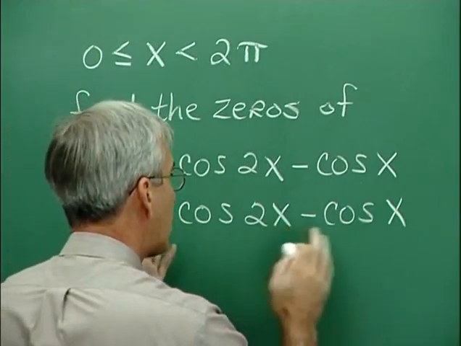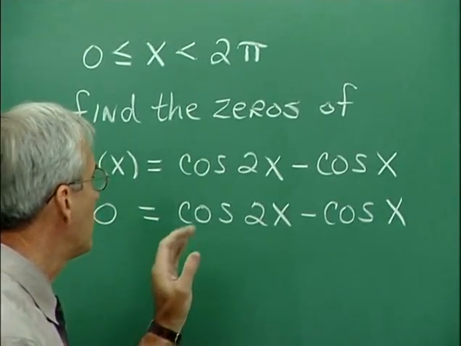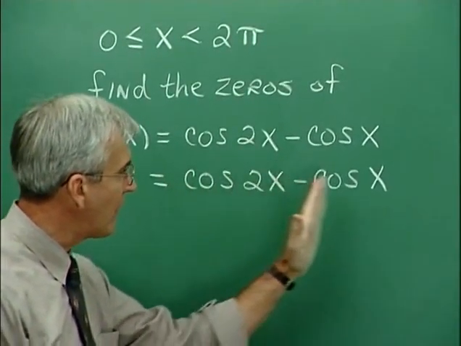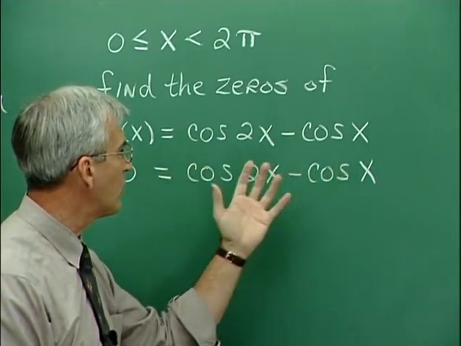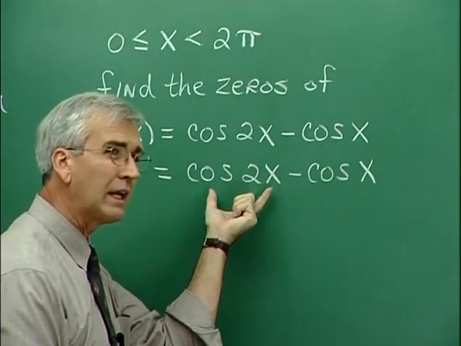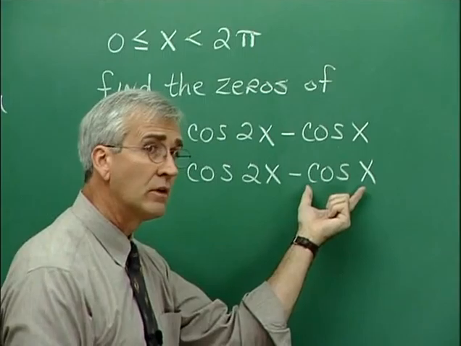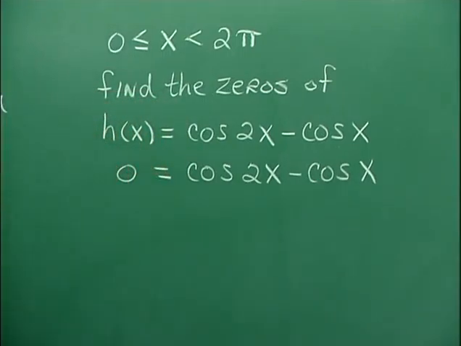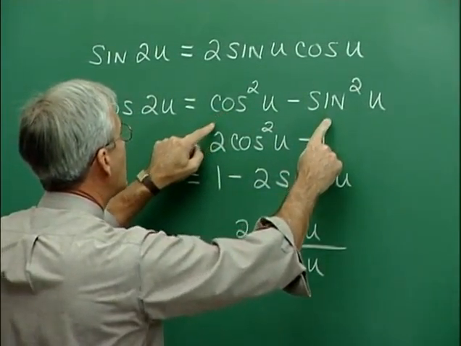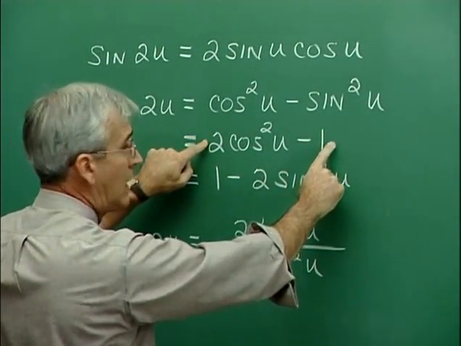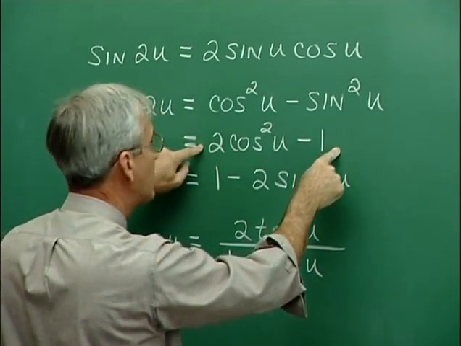If we look at the 3 versions and at what we have here, the prudent thing to do, if we're going to be finding factors of this expression, is to rewrite this using only one ratio, and we'd like that ratio to correspond with this. So let's go back and choose the one involving only cosine. That one involves cosine and sine. This one involves only cosine, that one involves only sine. Let's use this one. That's how you make the decision about this kind of stuff.